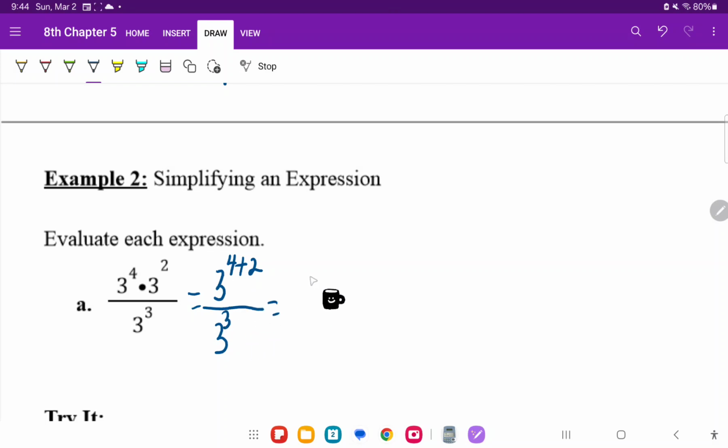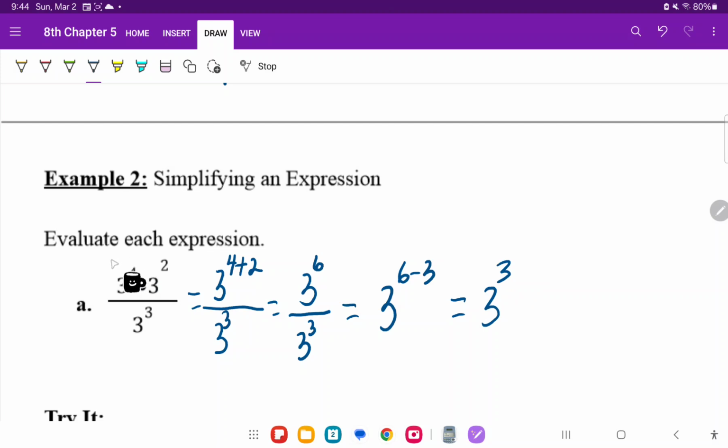All right, so on the top, we have 3 to the 6, and then 3 cubed. So then now I would do 3 to the 6 minus 3. And that's going to be 3 cubed. Like that.